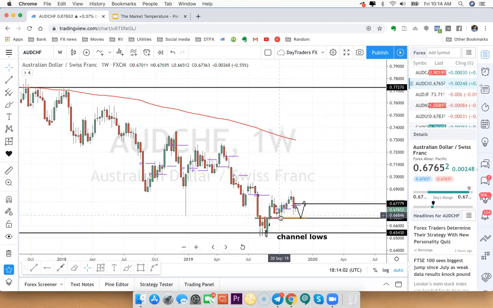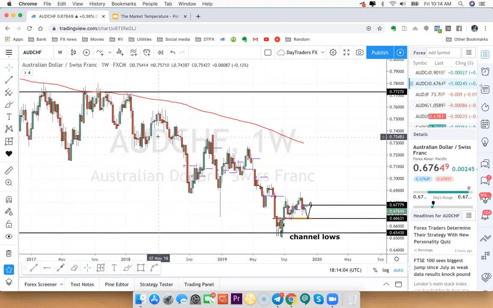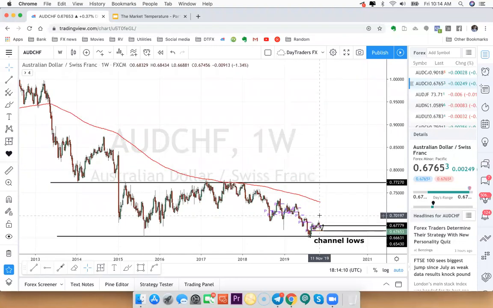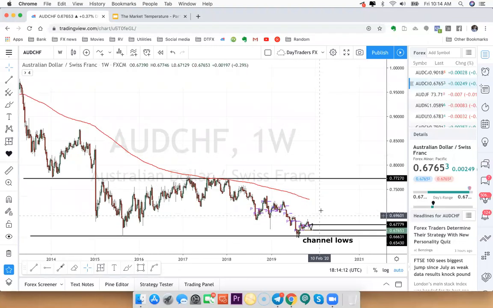I'm already in this trade, but for those of you that might be wanting to participate, we have a great channel to trade here. If we get that spike in volatility, which is what we want, that's going to drive this Aussie Swiss down probably another 100 pips. If I can get this Aussie Swiss down into 66.50, I'm going to throw another position on.